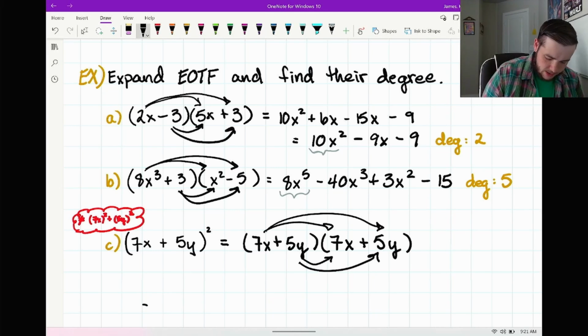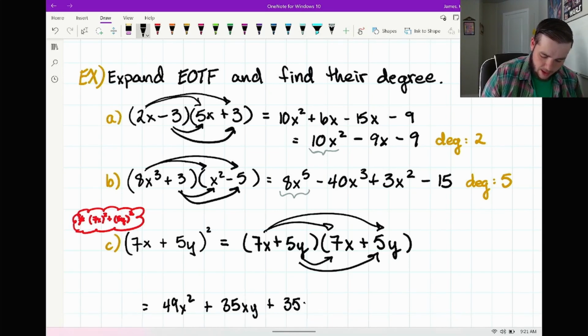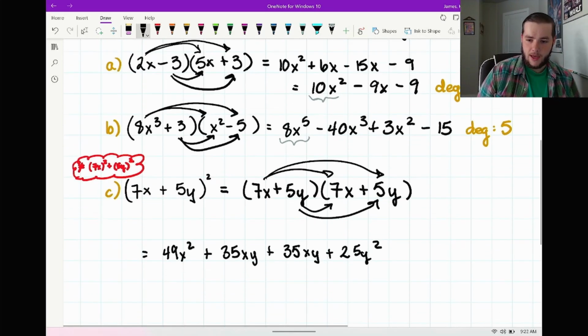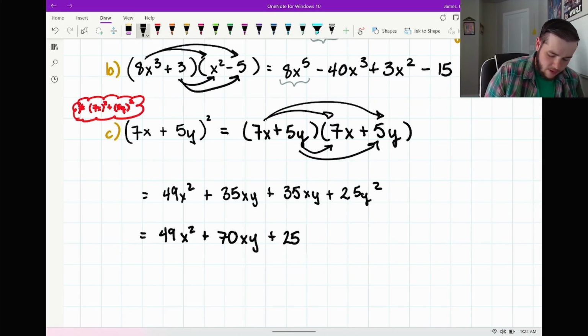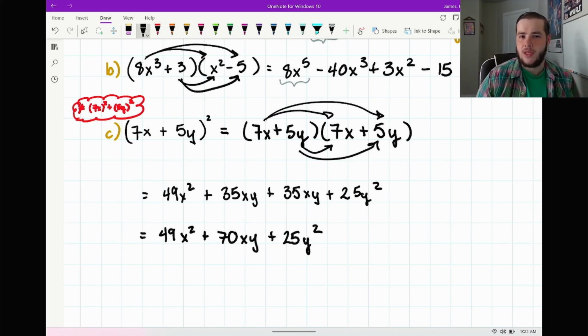And what I get is 49x squared plus 35xy plus another 35xy plus 25y squared. And combining my like terms, I get 49x squared plus 70xy plus 25y squared.